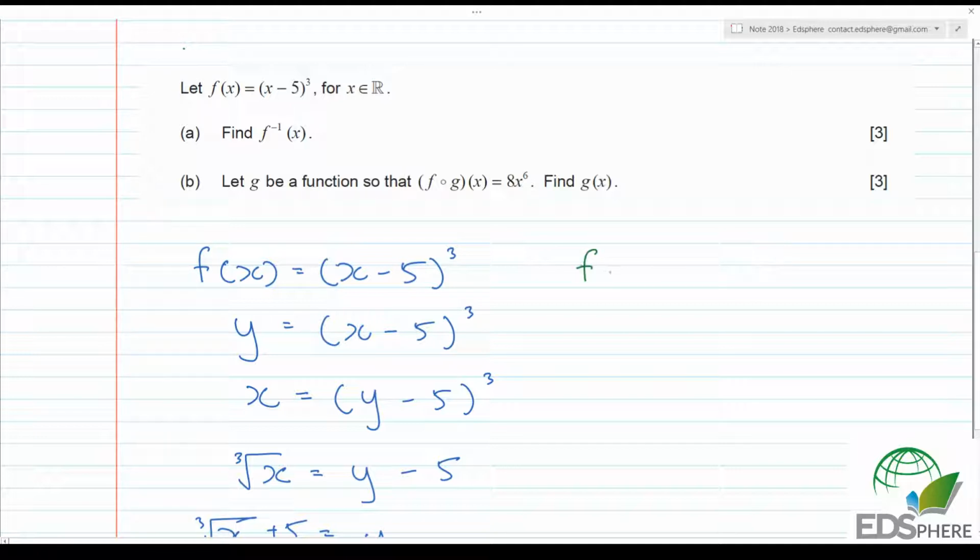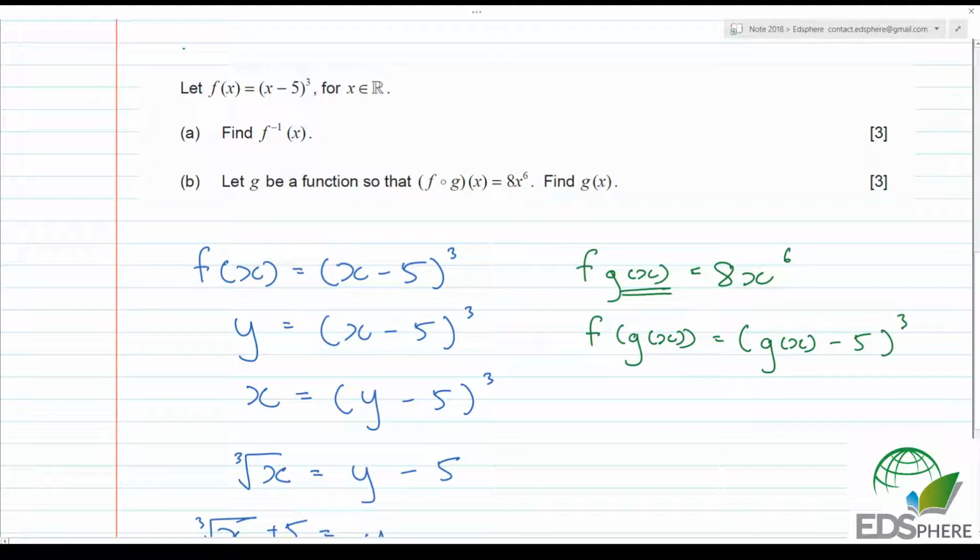So fg of x, yes guys, could be written like this. I know it equals 8x to the 6. Remember I told you about g of x being put into f? Let's actually try that here. If I write fg of x, that would be equal to g of x minus 5 cubed.